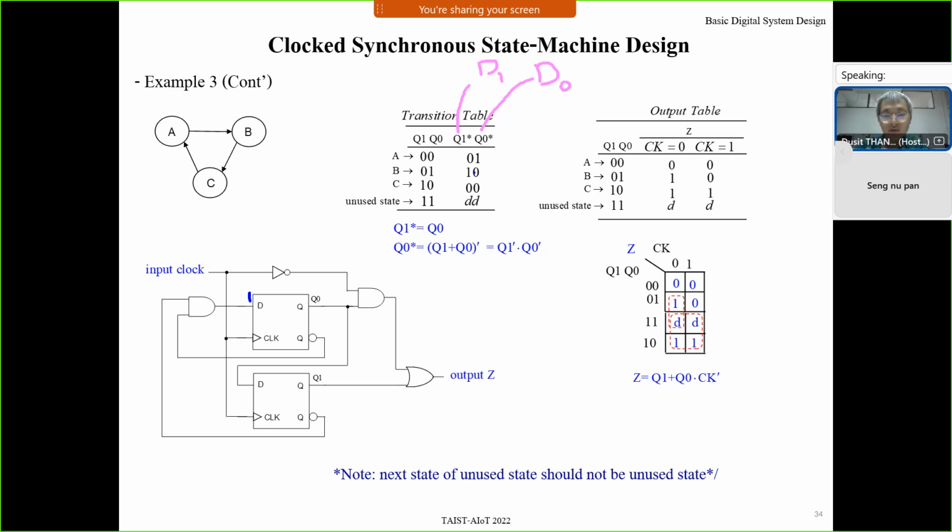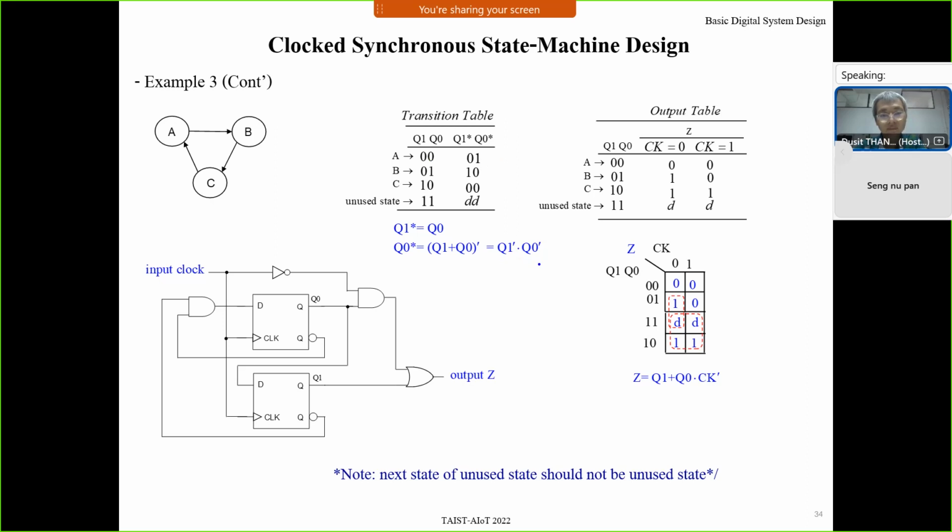Anyway, from this you can derive the equation for Q1 star or D1, right? With 0 1 0 and don't care, which is the same as 0 1 0. You can define it as Q0, or you may write a K-map for two variables. And Q0 star is 1 0 0, don't care, and it will be 1 when the input is 0 0, or you can write Q1 prime and Q0 prime.